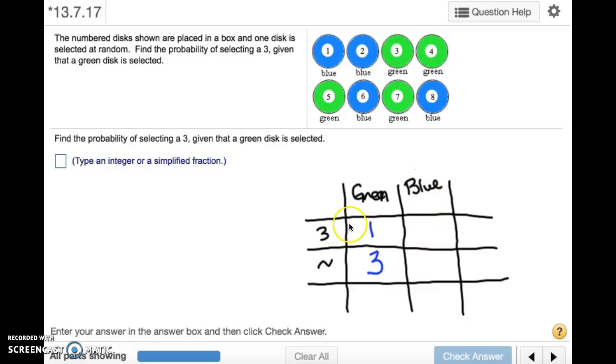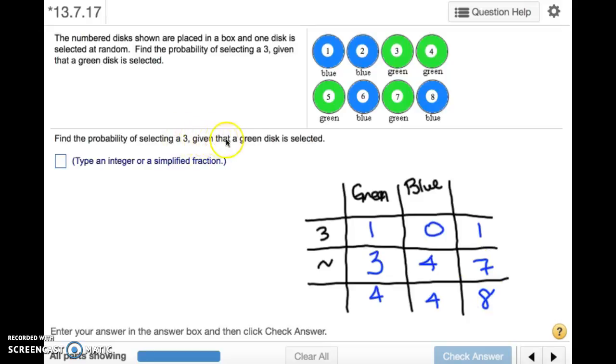How many blue discs have a 3 on it? There are 0. How many blue discs do not have a 3? There are 4. Again, if I add this up, I get 4 and 4 and 1 and 7, and there are a total of 8.